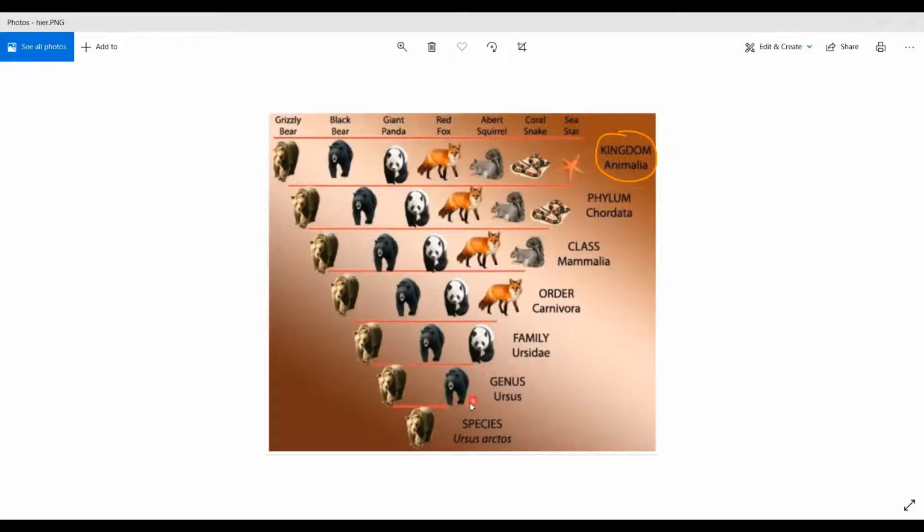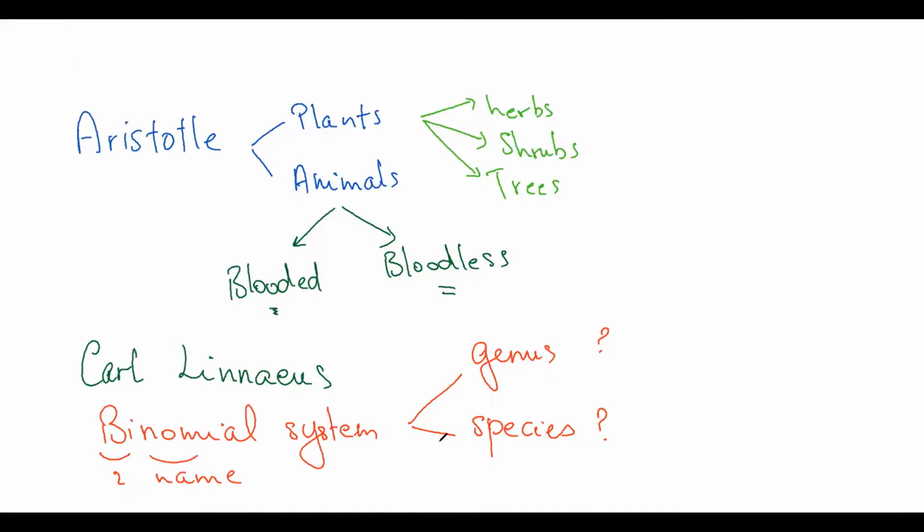What is important for us now are only the genus and species. That's why Carl Linnaeus introduced his binomial system of nomenclature, or of naming organisms according to the genus and species only. Genus and species.